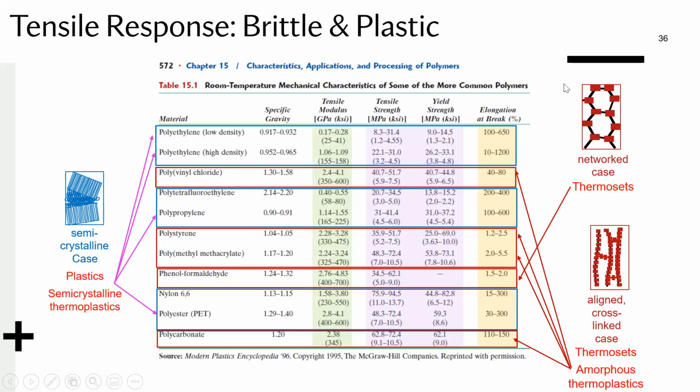Network structures are rather rare in polymers. And as you can see here, coming from that particular structure, you get a rather brittle behavior, okay? And you can see that it doesn't really yield at all, so you can't really measure that.